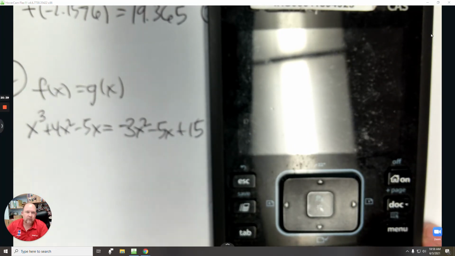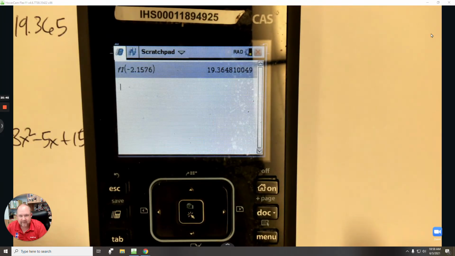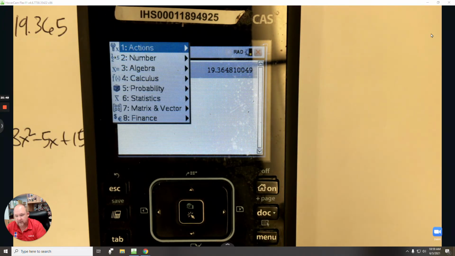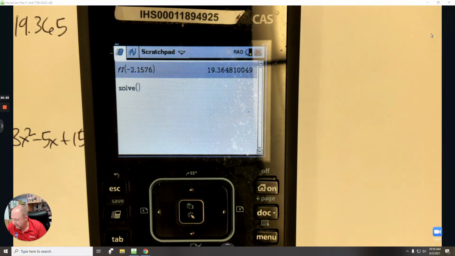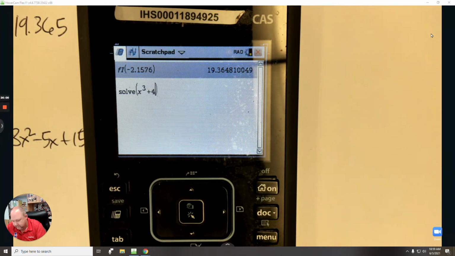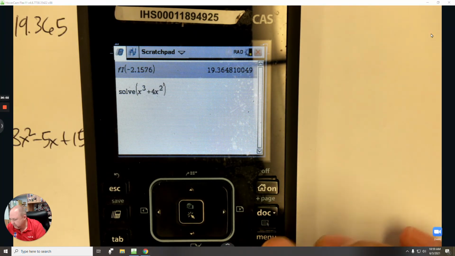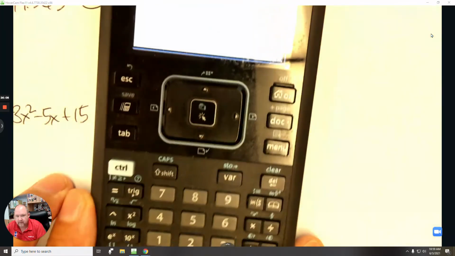Let me just show you a direct way to do it. We're going to press the toggle button again. If I want to solve an equation, I'm going to press Menu, go to Algebra, and solve an equation. So the equation I'm solving is x cubed plus 4x squared, typing it in using the keyboard on the bottom, minus 5x equals, using the equal button here.